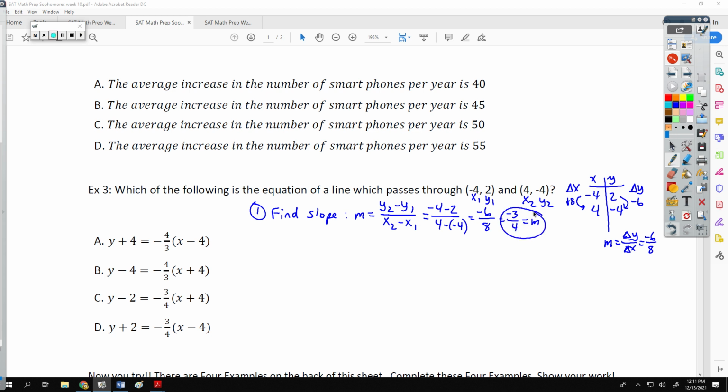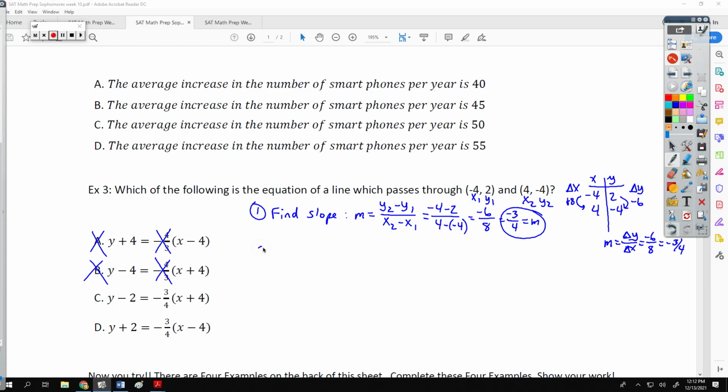Now, once we have the slope, you'll notice all 4 answers to this problem are in point slope form. Right away, when we get a slope of -3/4, that eliminates answers A and B from possibly being correct, because in both of those problems, the slope is listed as -4/3.